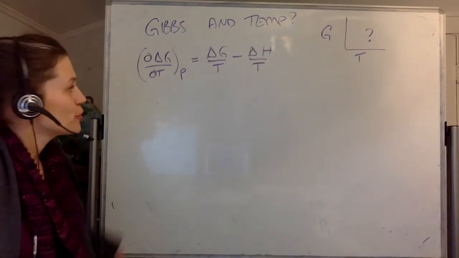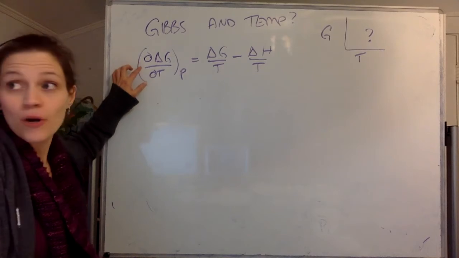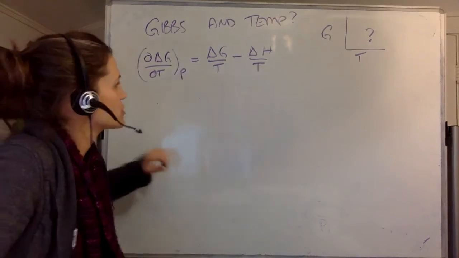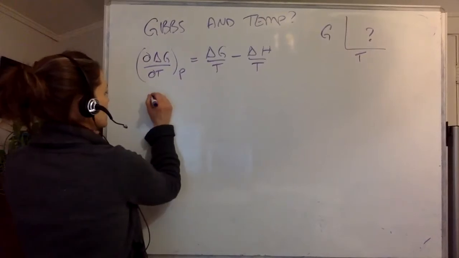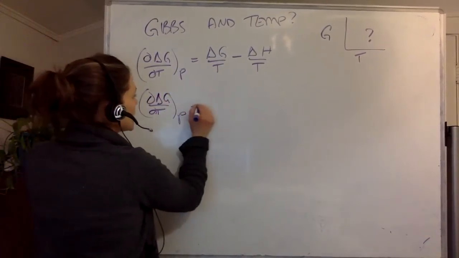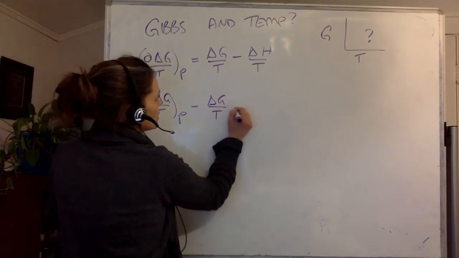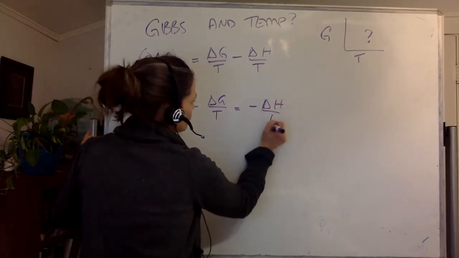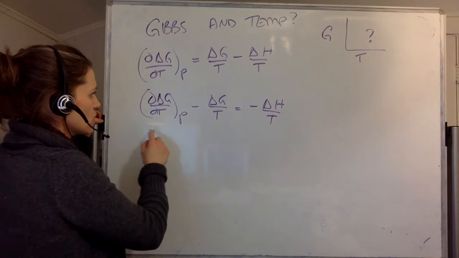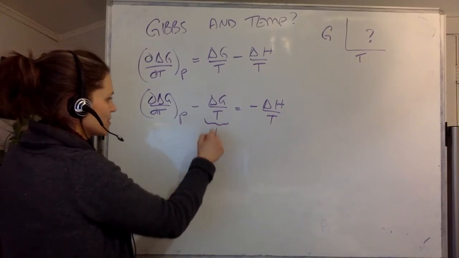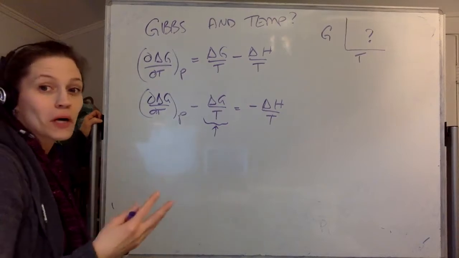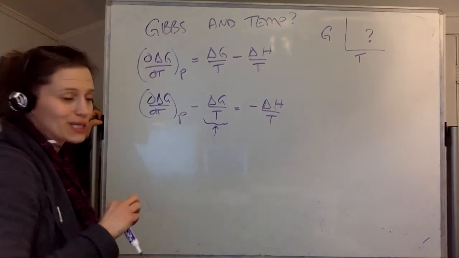Okay, so now I'm going to explore the partial G partial T from this relation that we just derived, and I'm going to relocate, minus delta G over T is equal to minus delta H over T. Okay, so the goal is I'm going to explore this a little bit, and then you'll see where I'm going, hopefully, when we get there.